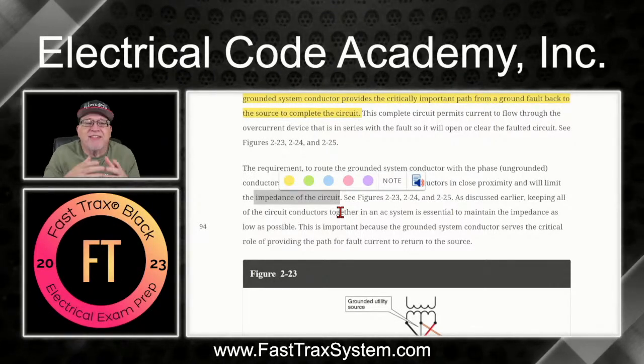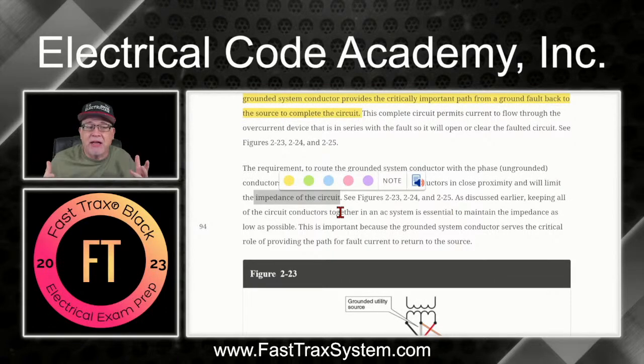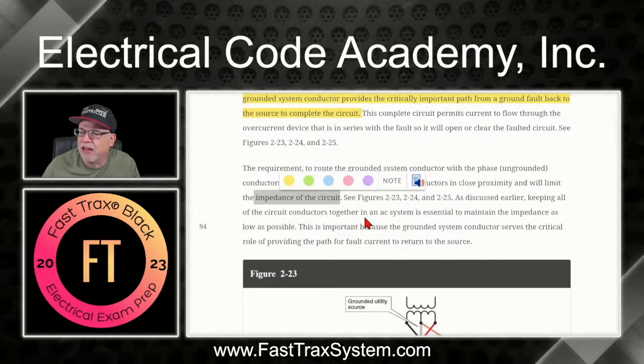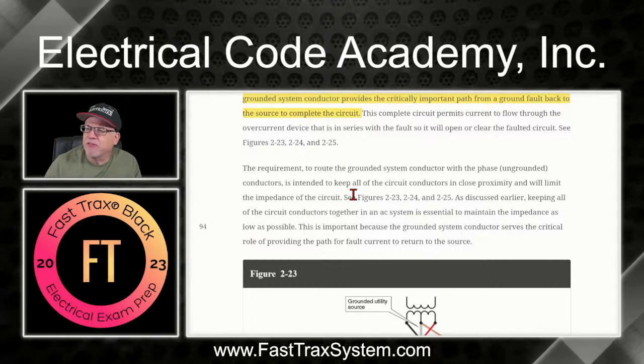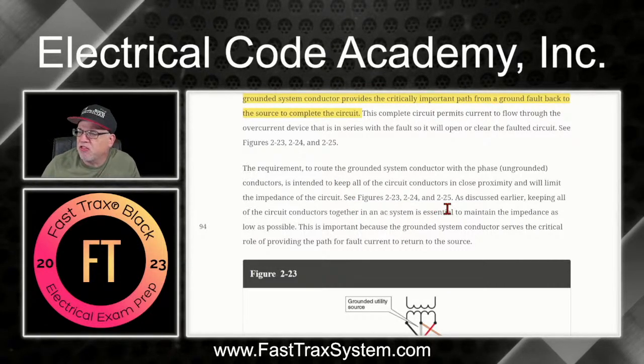Remember, we want that current to skyrocket so that that overcurrent device will activate. It's inversely proportional. The higher the amount of current, the quicker that overcurrent device or fuse will blow, right? So that's what we're trying to achieve. So making that system complete is vitally important. All right, now it says, so we're doing this, keeping them close together, to reduce the effects of impedance or elevated impedance.